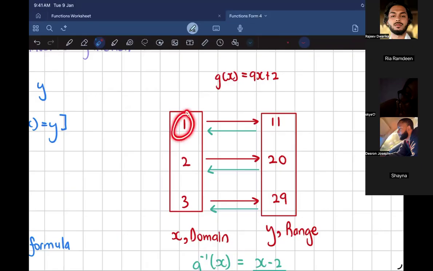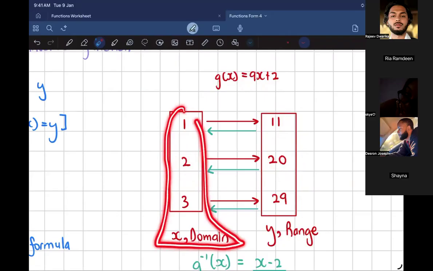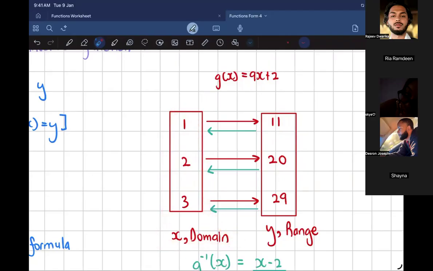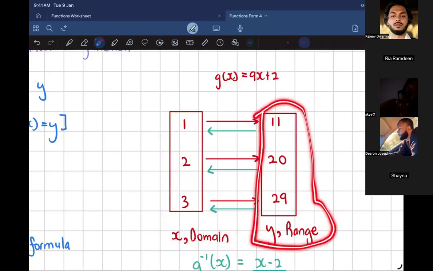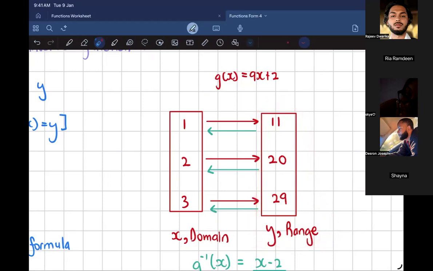So if I put 1 into the function here, what did I get? 11. When I put 2 into the function, what did I get? 20. Right. So whatever you're putting in, we call that x. And whatever you get out, that's y. Now x and y could be any number, right? But that's all you need to know.